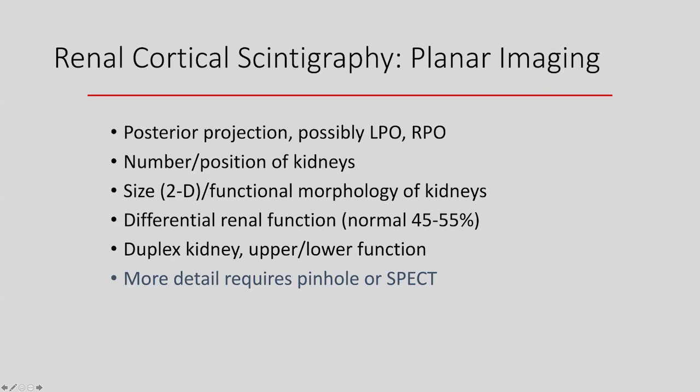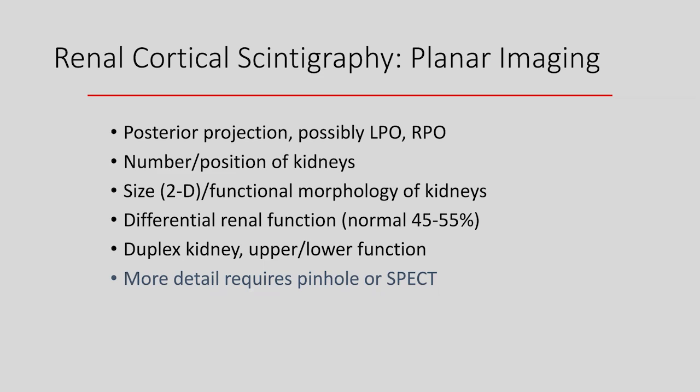Planar imaging, which is most frequently used, includes posterior projections and possibly added left posterior oblique and right posterior oblique projections. The planar imaging will show the number and position of the kidneys as well as the location, and it provides a functional morphology of the kidneys.